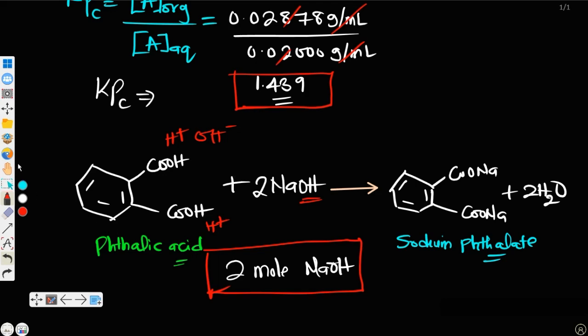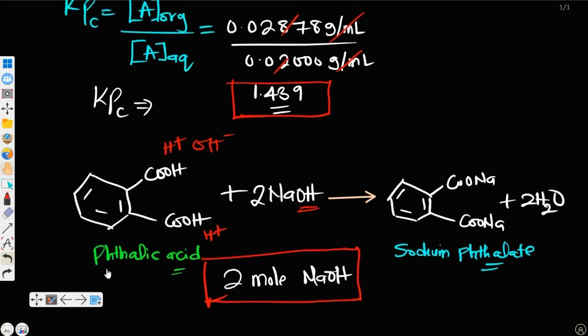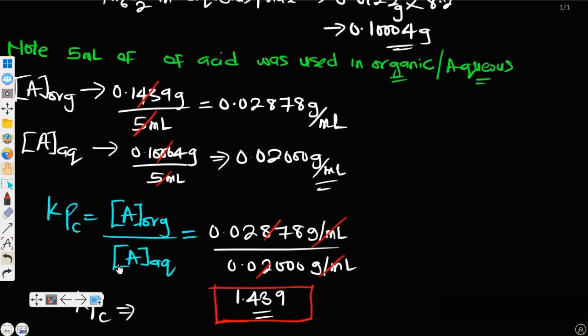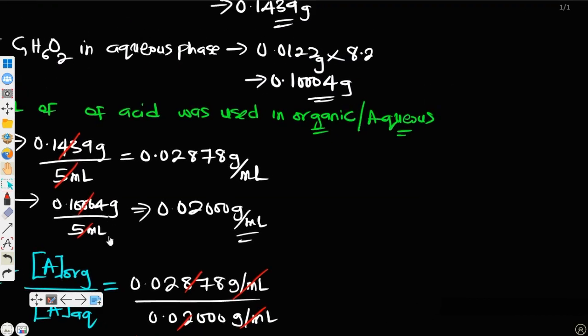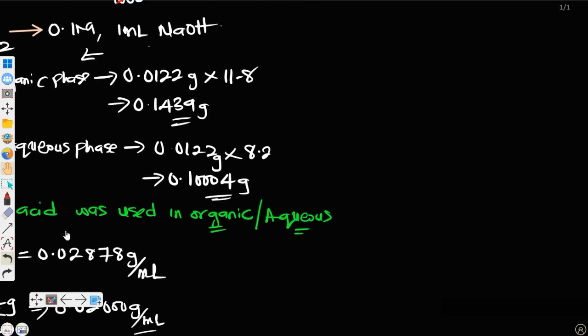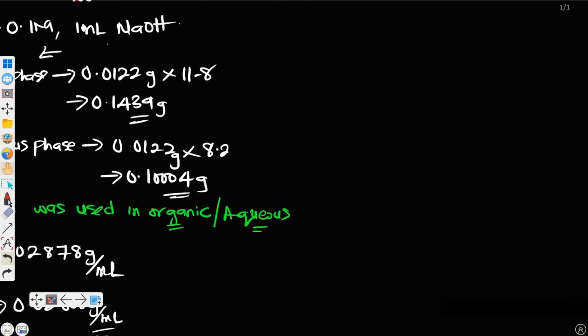Now, if you want to use the idea of C1V1, I believe everybody should be able to do that by now. Using C1V1 equals C2V2 and the rest, you will still get the same answer. CAVA over CBVB equals NA over NB. You know NA over NB is what?